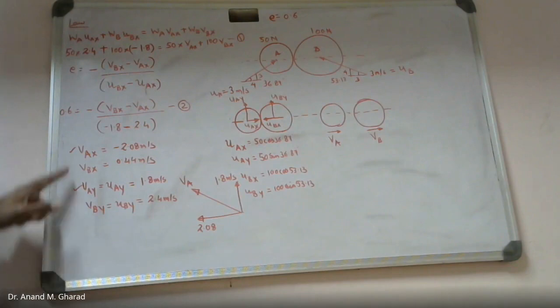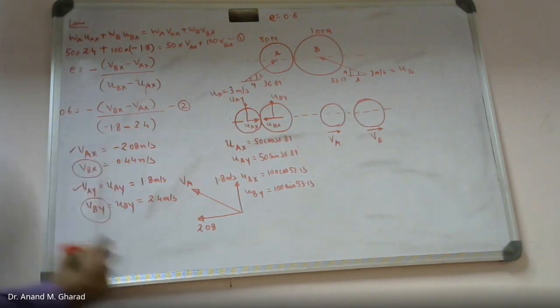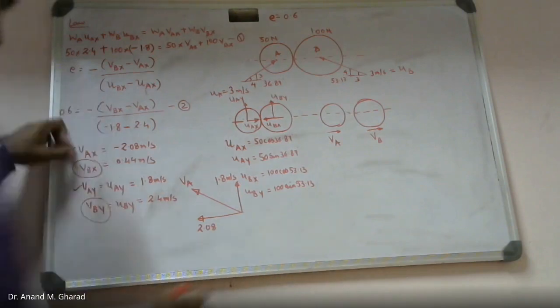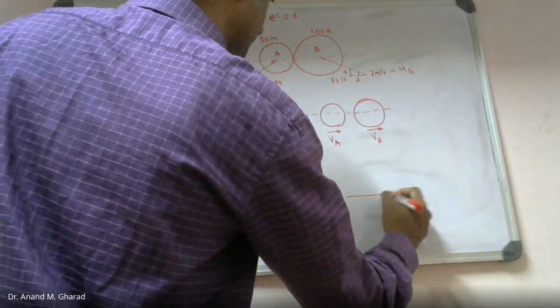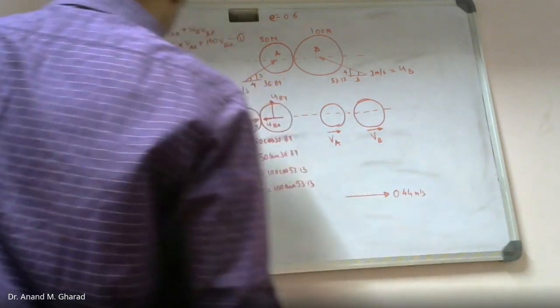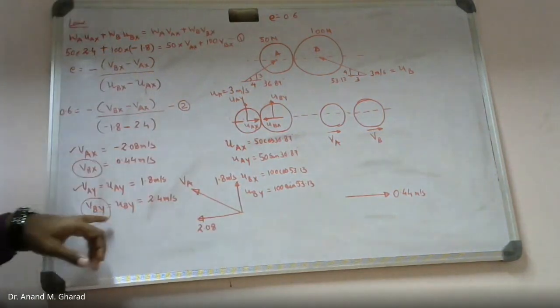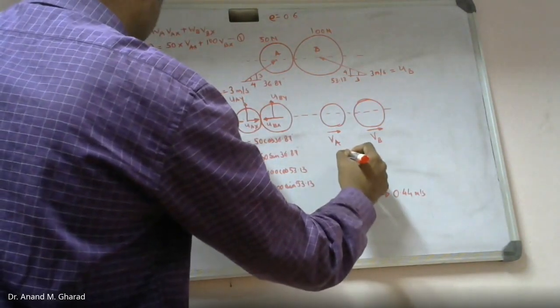And similarly for VB, these are the two components. So as you can see, x direction component is positive, magnitude is 0.44 meter per second, and this is again positive, this magnitude is 2.4.